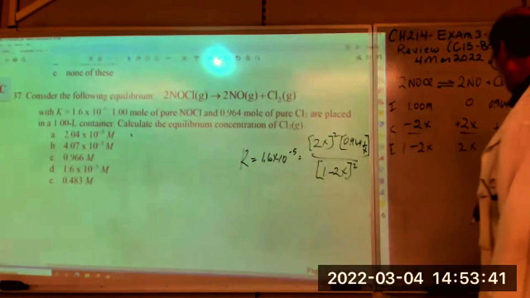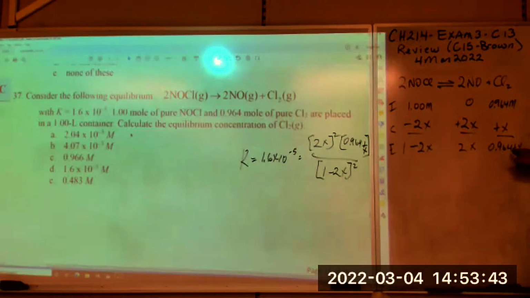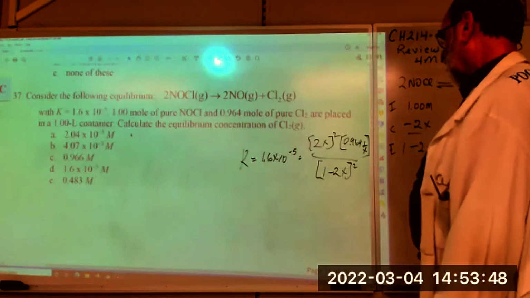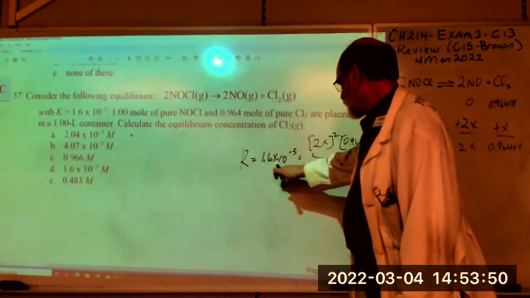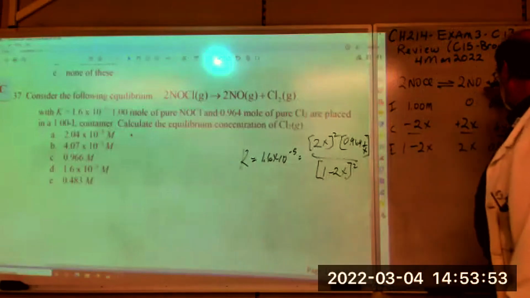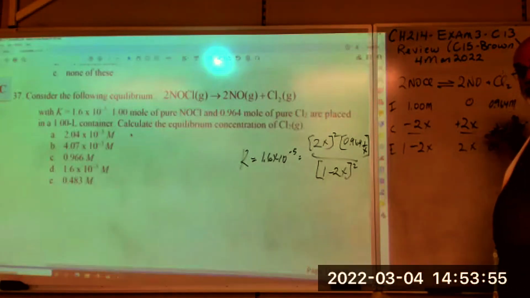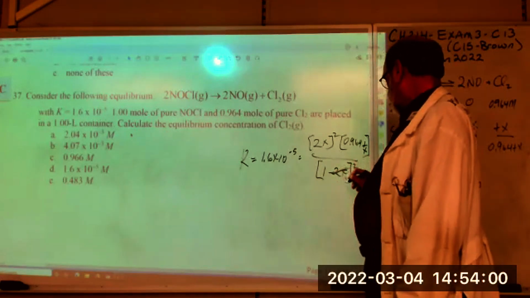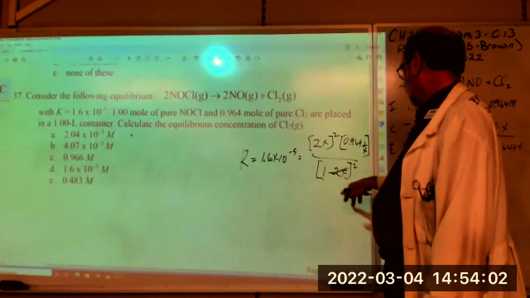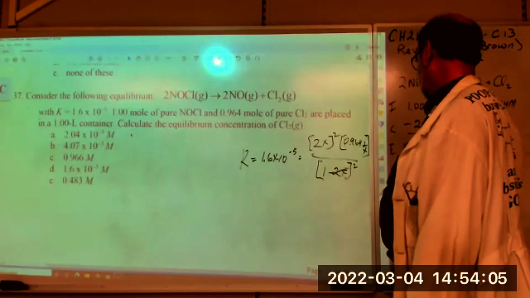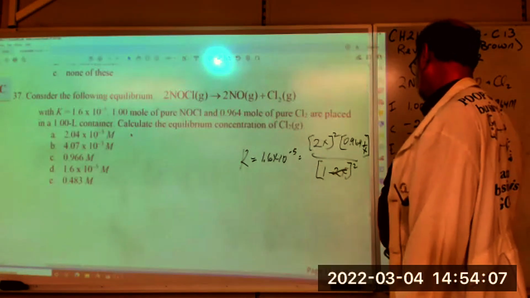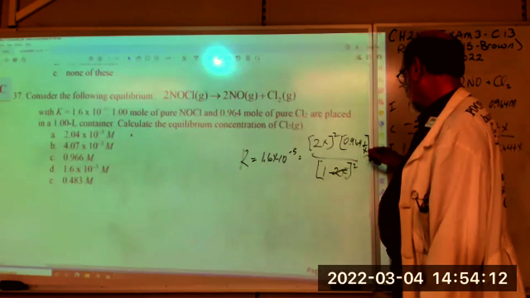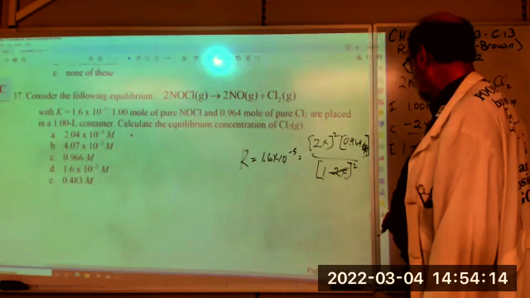Once we find X, we have to add it to 0.964. Now, since this is a very, very small K, that means X is going to be extremely small also. So we can say that one's out. It's much, much smaller than 1. And this one should be much, much smaller than 0.964 also.